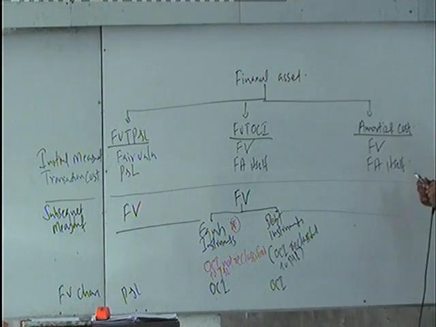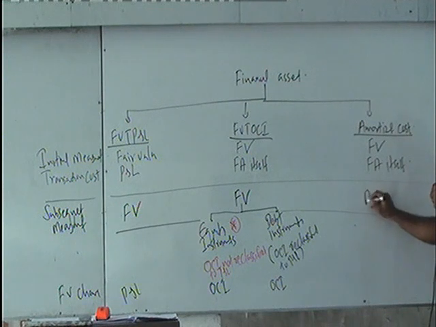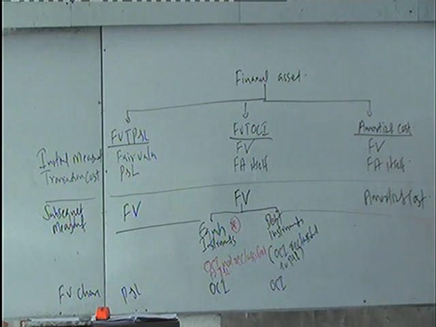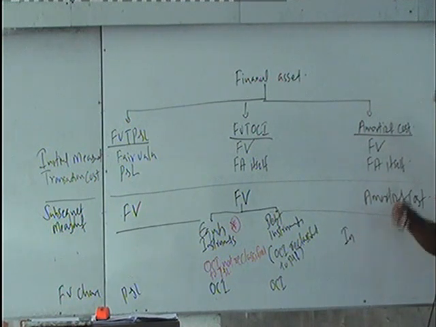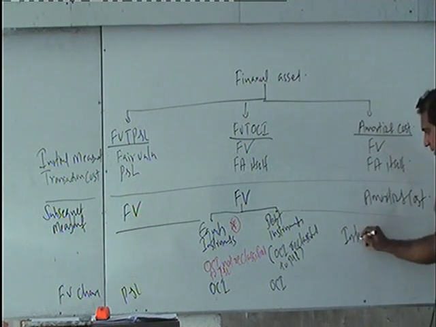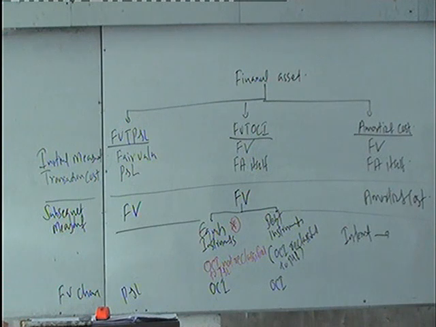That means subsequent measurement should be at amortized cost, right? So here we are generating interest. Interest should be charged to P&L.